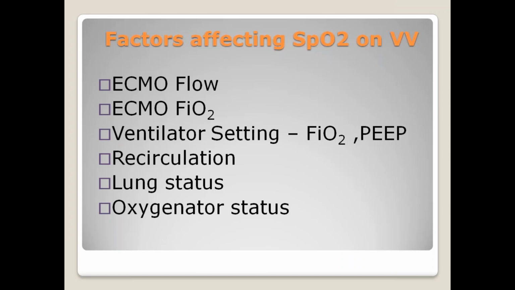The next component is hypoxia. Many times you see the patient is still hypoxic while on ECMO. So the factors affecting hypoxia in VV ECMO, this I have already discussed: ECMO flow, ECMO FiO2, ventilator settings, recirculation, lung status and oxygenator status. These all can affect the SpO2 when the patient is on VV ECMO.